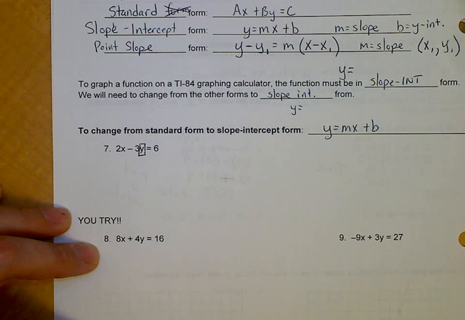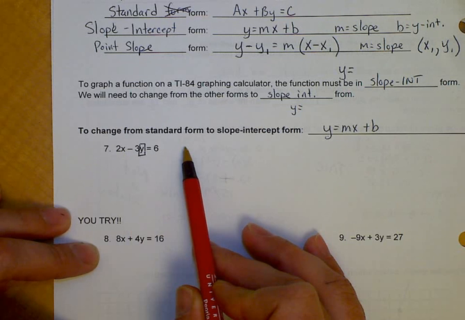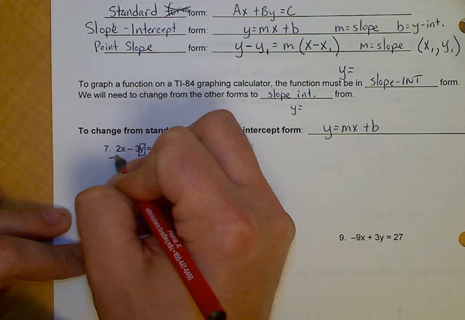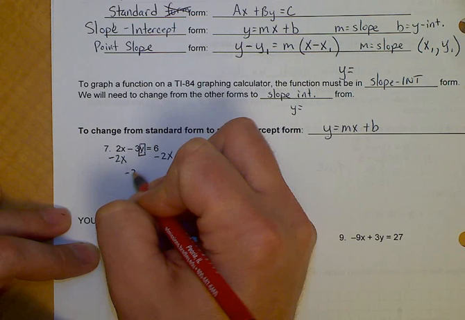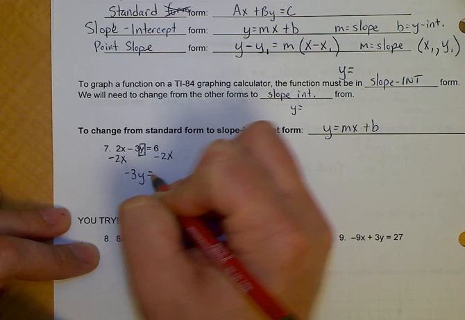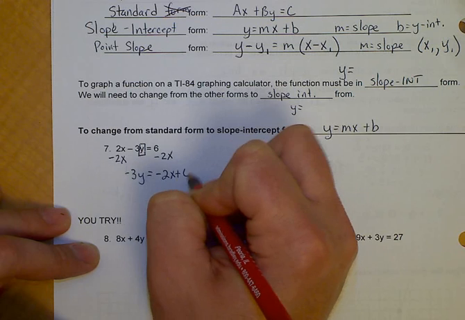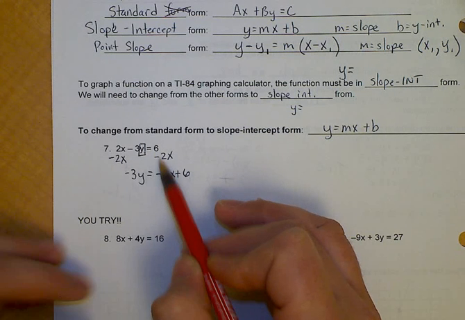So in order to get that by itself, what do I need to do to get everything else over here? All right, well, I need to get this 2x over to this other side. So I'm going to subtract 2x from both sides. Okay, so it's negative 3y equals negative 2x plus 6. Okay, and I just rewrote these. I can't combine those, so I wrote it negative 2x plus 6.